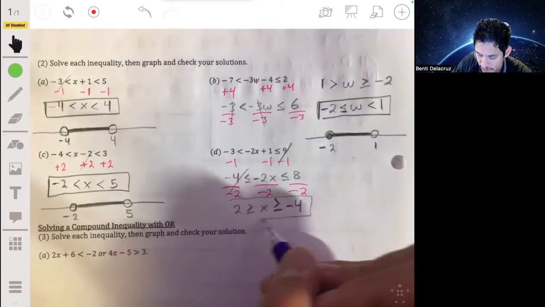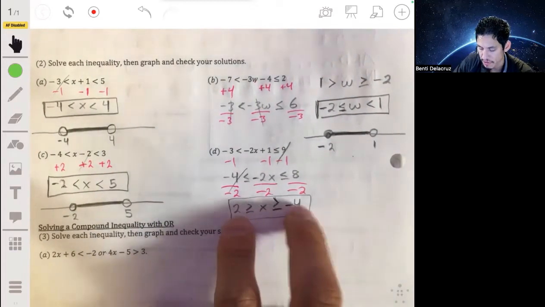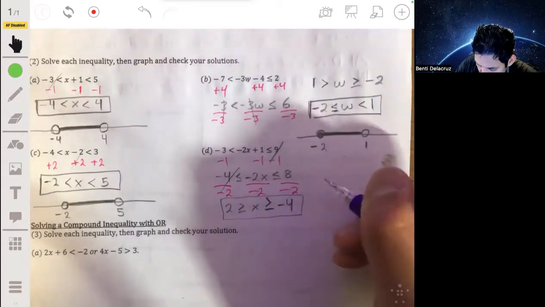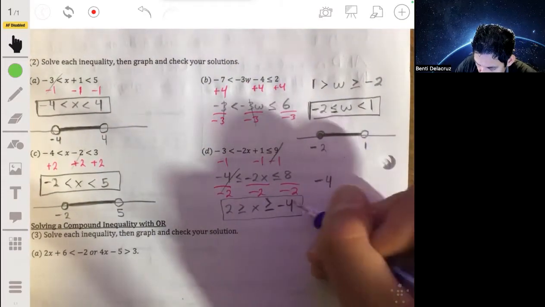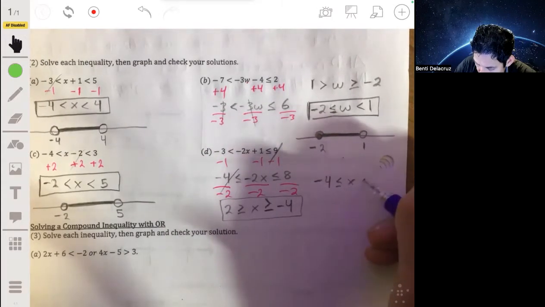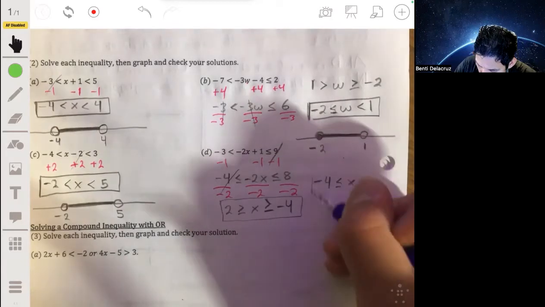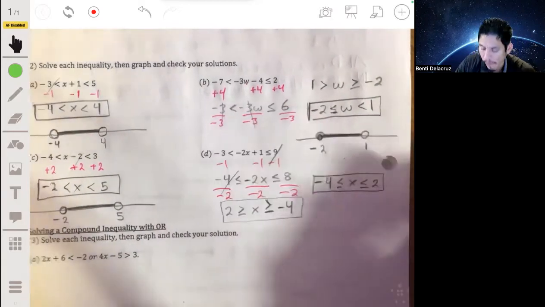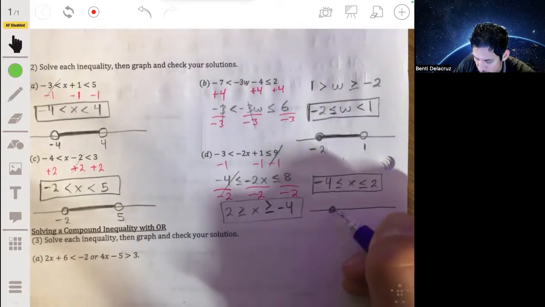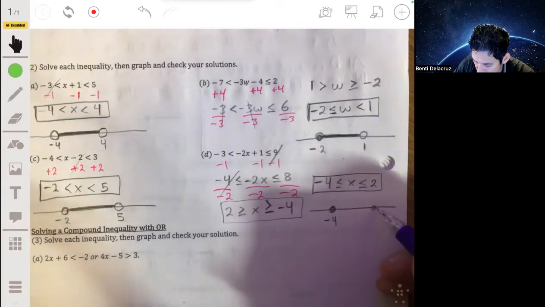So you can technically have this as your answer, but remember the numbers are on the wrong side, so to speak, on a number line. So I would like to write it as -4 being less than or equal to x, and x then being less than or equal to 2. And this will match up with your number line. Closed circle on -4, closed circle on 2.